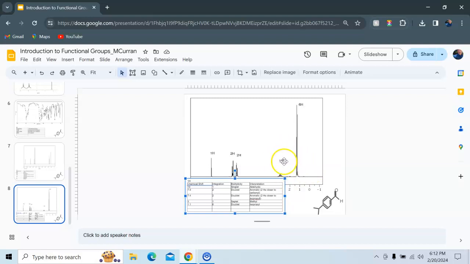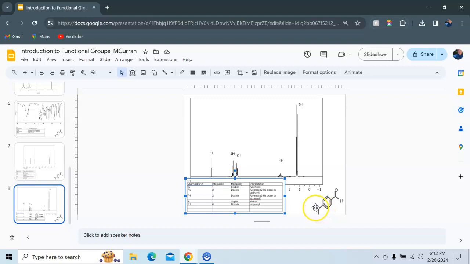There's no equivalence, and it's a septet, meaning it has 6 neighboring protons. This one is really diagnostic and helpful because to have 6 neighboring protons means it's likely an isopropyl group with 2 methyls attached to it. So we feel good about assigning that peak to the hydrogen on this carbon right here.